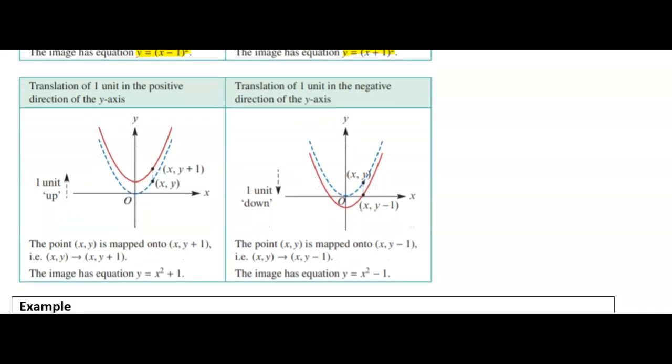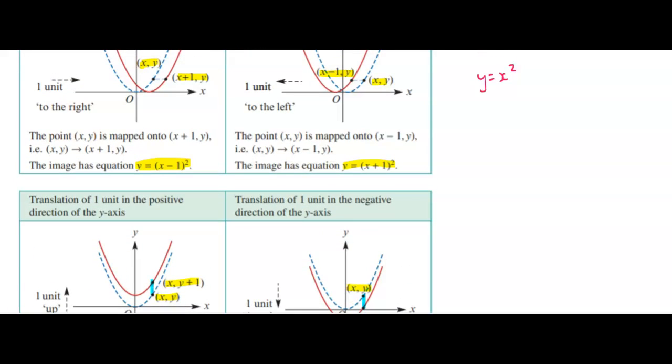So you can see how your points changed as well. It's a good diagram to see what is happening. I might just highlight this in a different color, just the point moving, and we'll see over here how the point has shifted across or up or down.